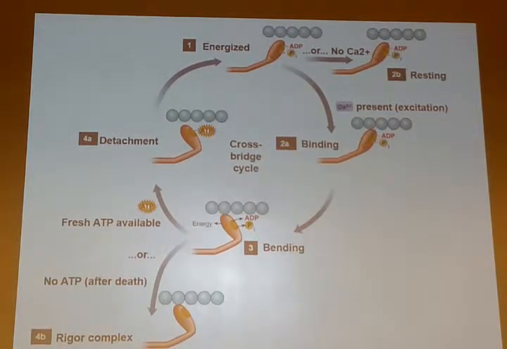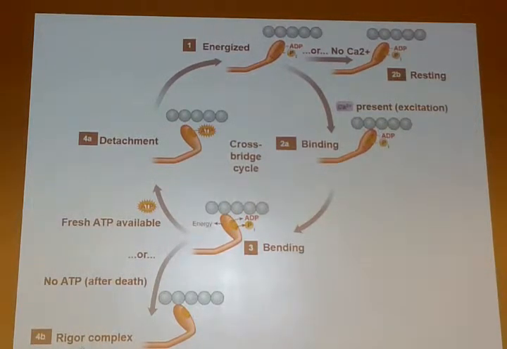Okay, if you run out of ATP after death, then the myosin, the first cross bridges that are formed, can't release because there's no ATP available for that release, and then you get rigor.